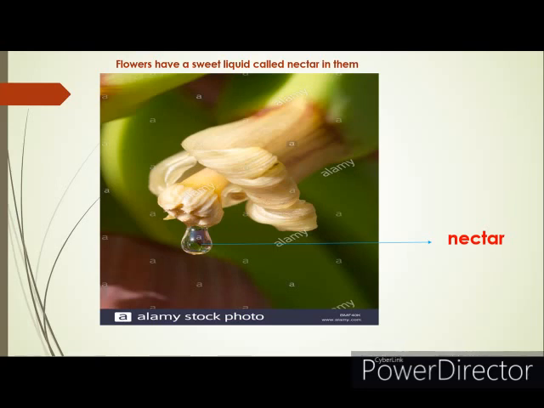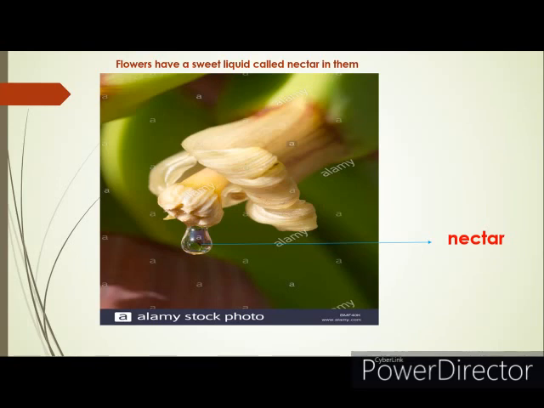In the morning, all the birds and insects come and sit and drink this nectar. Every morning when you watch the flowers, you can see some small birds and insects come and drink this liquid. This sweet liquid is known as nectar.